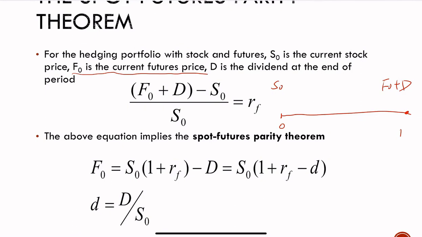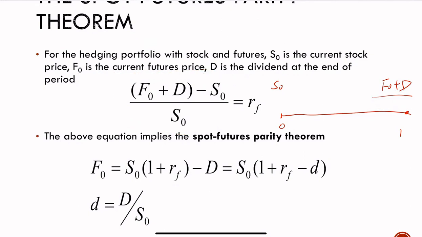So you actually have removed any uncertainty from your portfolio by using this hedging approach. Then again, this means if you have a fixed payoff of F0 plus D in the future, then this implies the position's return has to be the same as the risk-free rate.